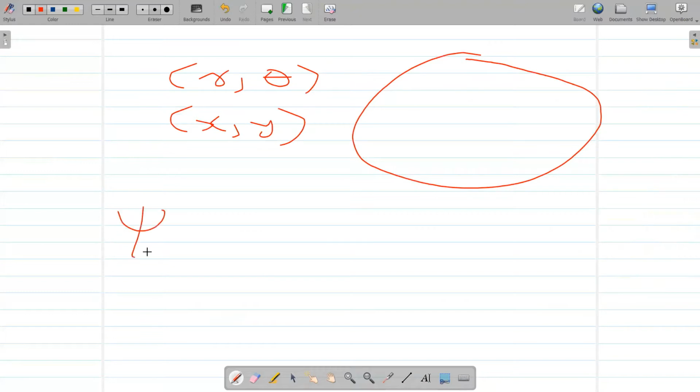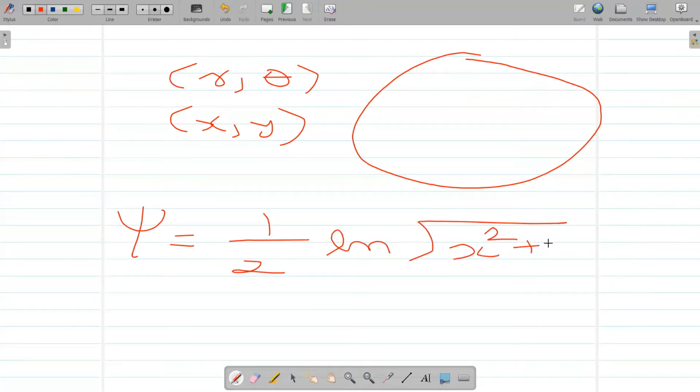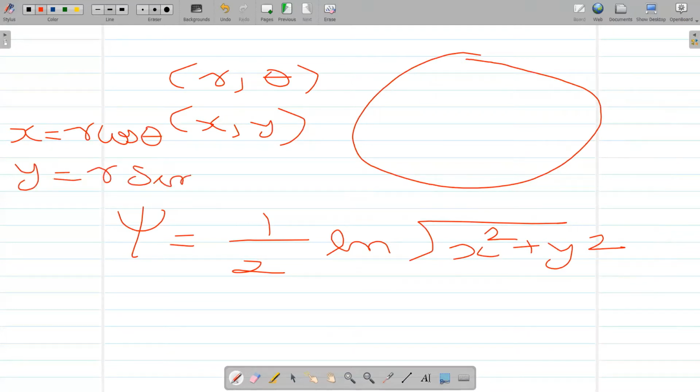So I'm going to change my psi in terms of polar coordinates. So psi is equal to half ln of root x square plus y square. And we know that from our unit conversions, x is equal to r cos theta and y is equal to r sine theta.